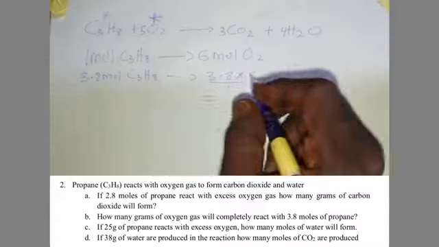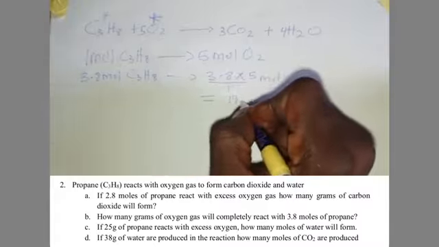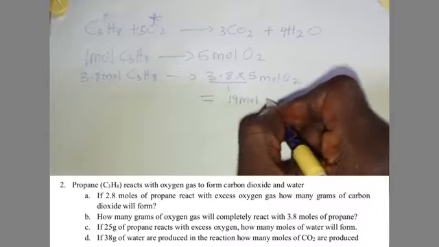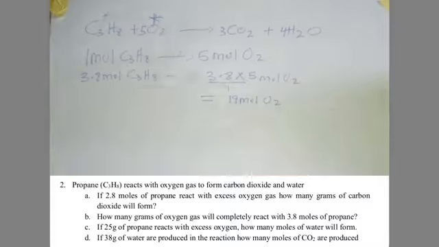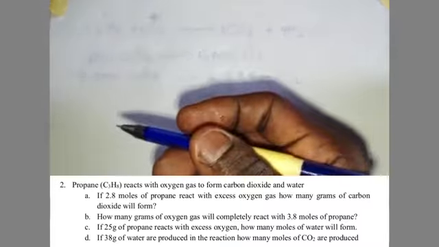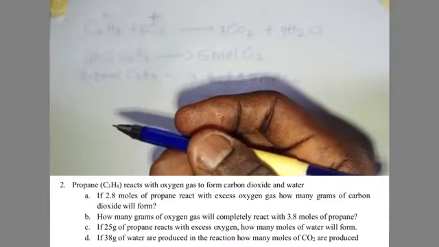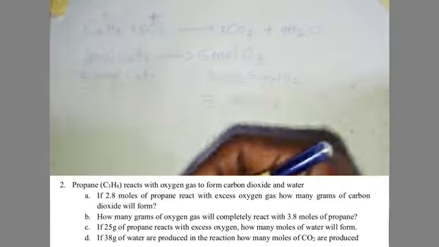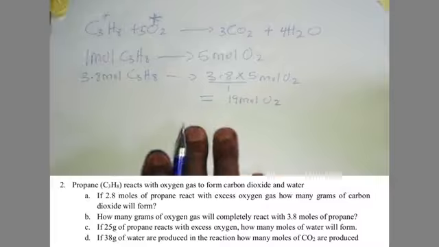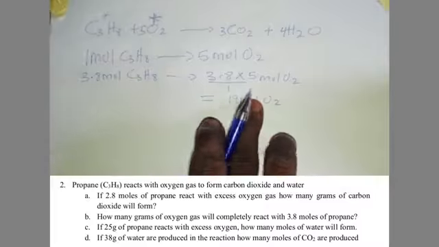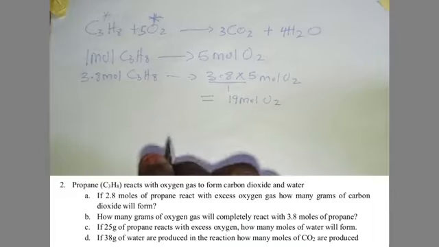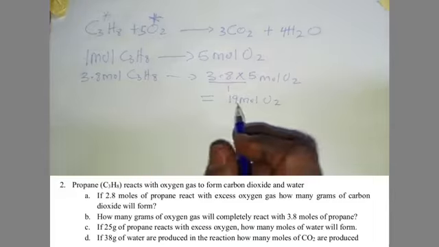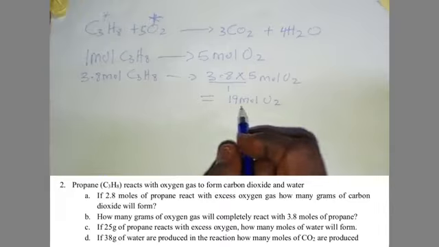This is going to be equal to 19 moles of oxygen gas. But remember, the question says that we should find how many grams of oxygen gas will completely react. So we are going to convert the moles of oxygen gas to grams of oxygen gas. And how do we do that? We do that by multiplying the number of moles by the molar mass.